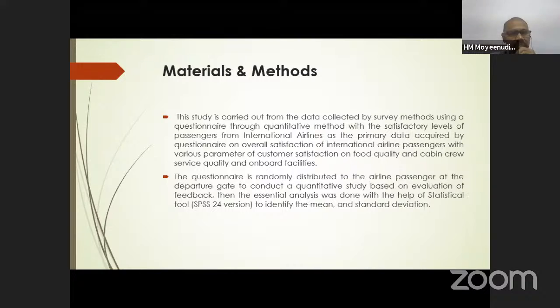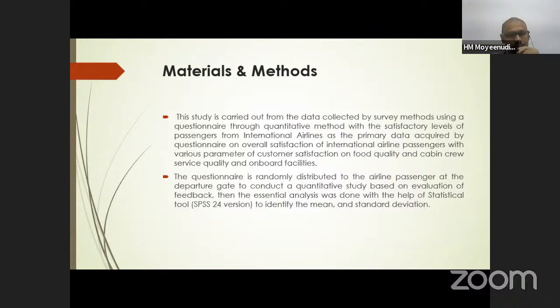The materials and method used for the study is collecting data using a questionnaire, quantitative method, using some satisfactory levels of passengers from international airlines. The primary data acquired by the questionnaire on overall satisfaction of the international airline passengers with various parameters of customer satisfaction on food quality, cabin crew, service quality, and onboard facilities.